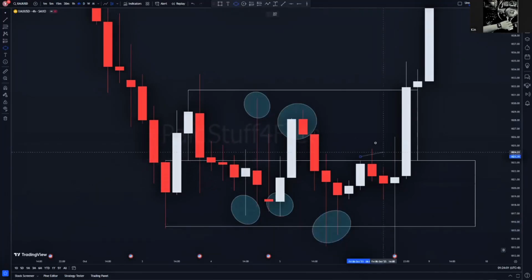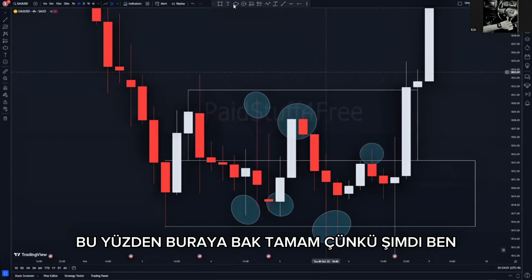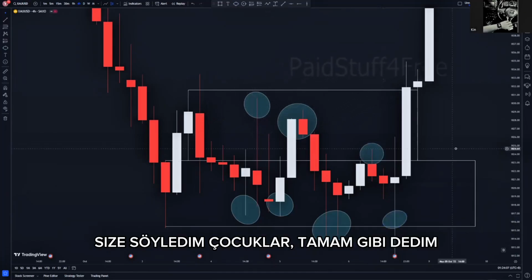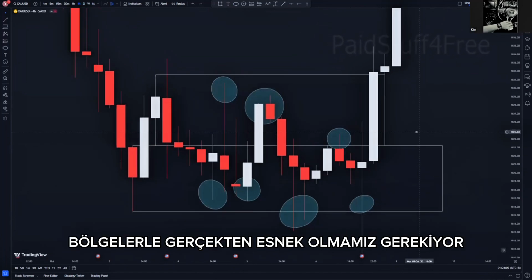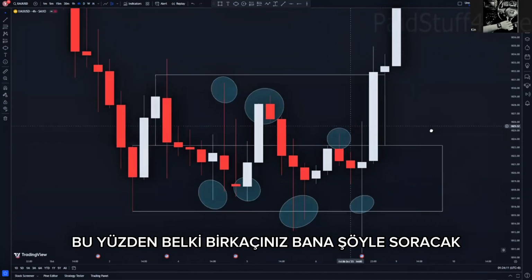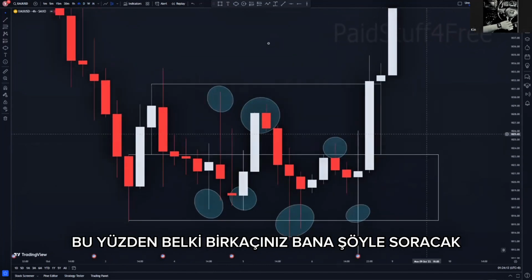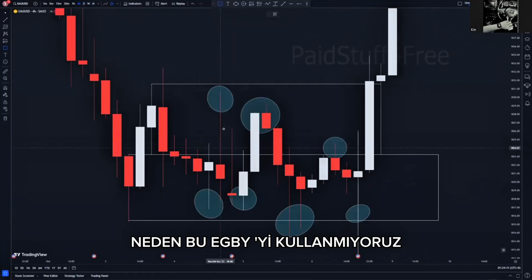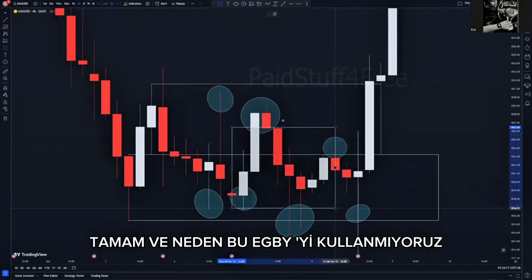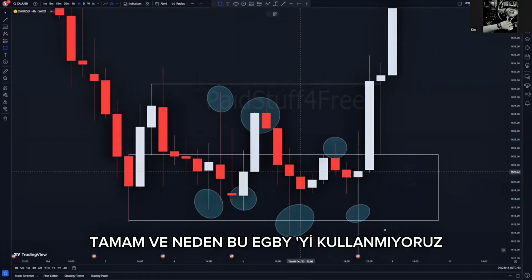So look over here. Just now I told you guys that we need to be very flexible with the zones. So maybe a few of you will ask me, why don't we use this EG buy?